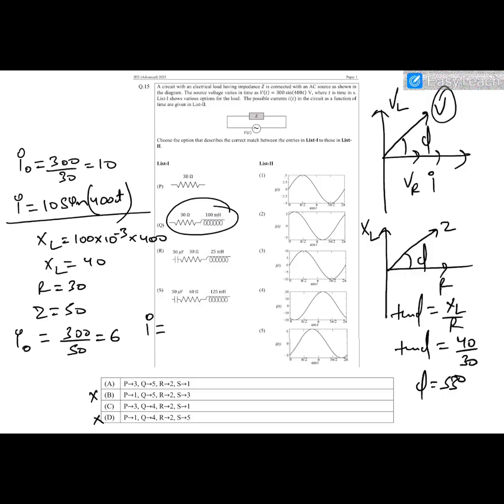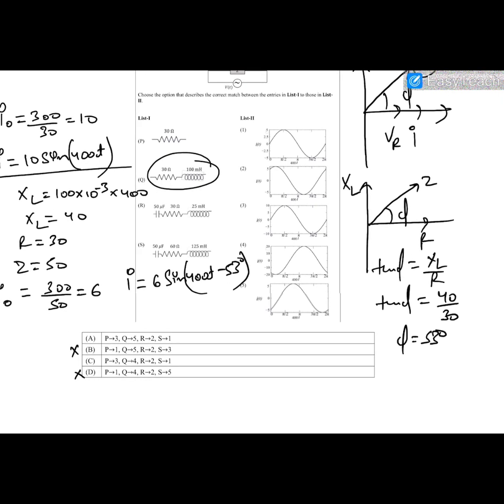So I will be I naught, which is 6 sin(400t minus 53 degrees). So you can see that this graph would be a sine with a negative phase, and the peak value of current would be around 5, which is also given in the question. So the correct matching of option Q will be 5. So the correct answer will be A.